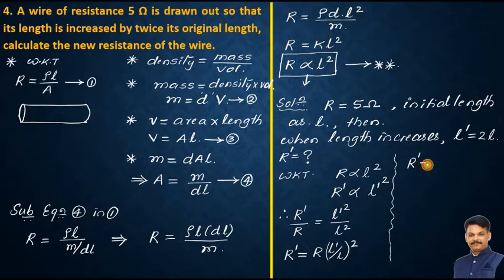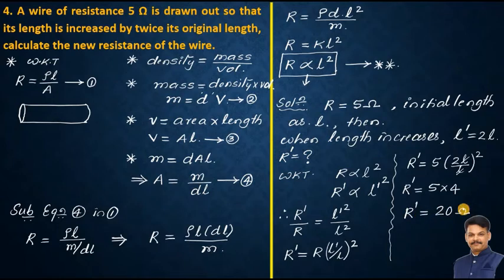Yes, dear students, what is R? R is nothing but 5 ohm. And what is L dash? It is 2L divided by L whole square. Right? So from both numerator and denominator, L is cancelled. Then R dash is nothing but 5 into 4, or the new resistance of the wire is 20 ohm.